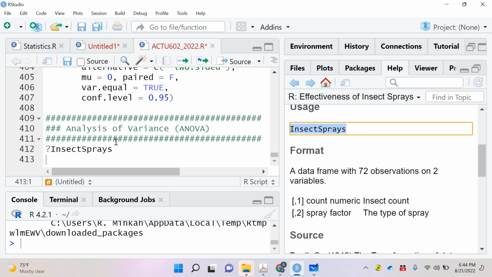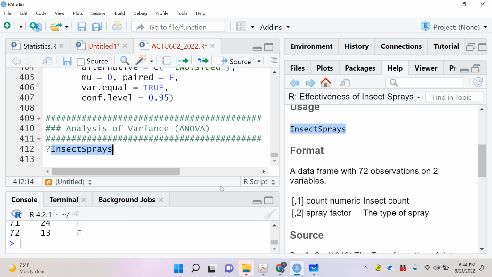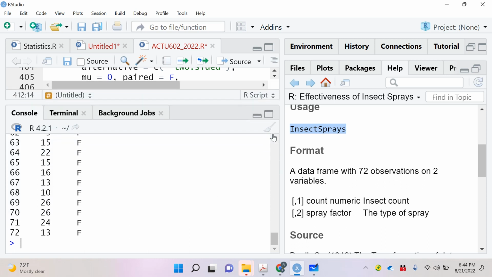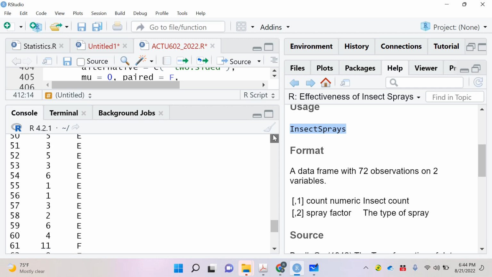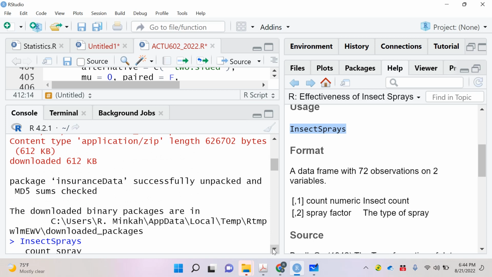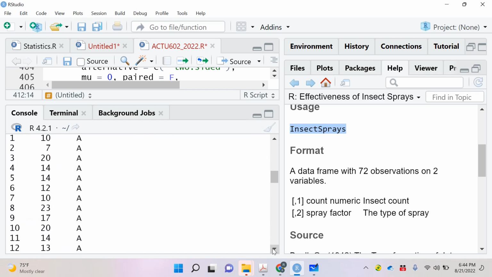Insect sprays has sprays named A, B, C, D up to F. If you take spray A, they sprayed it on, let's say, 12 places.